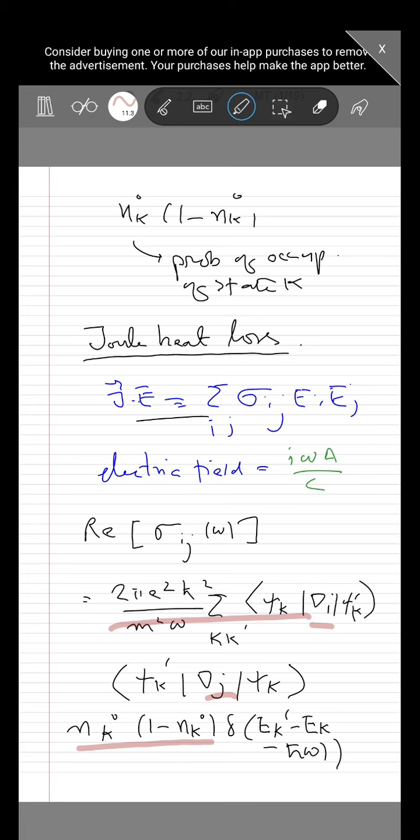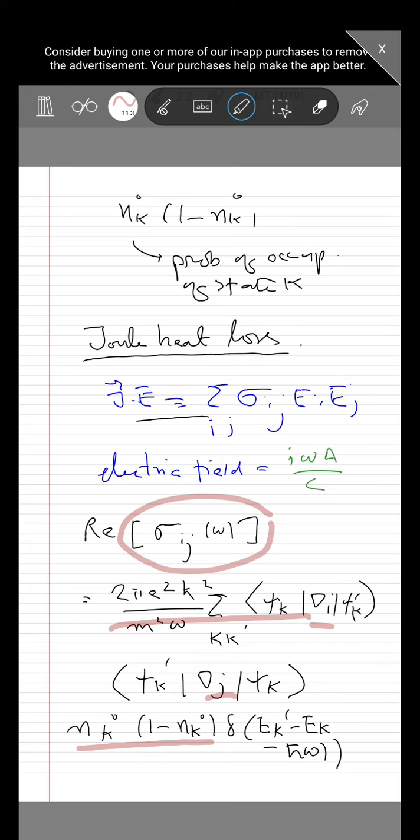And this is the basic formula for the real part of the optical conductivity. The imaginary part of the conductivity is given by the Kramers-Kronig relation.